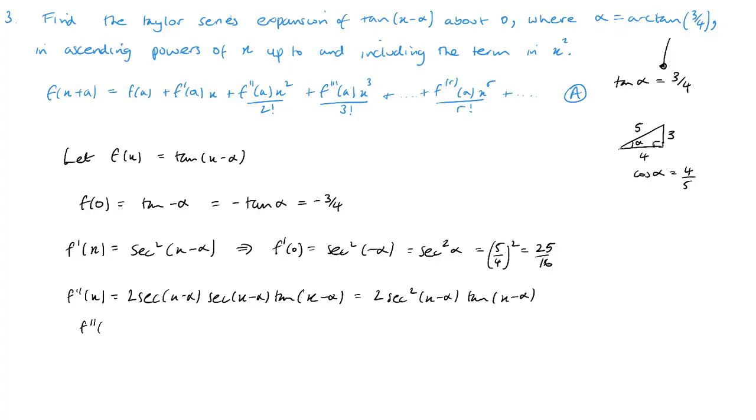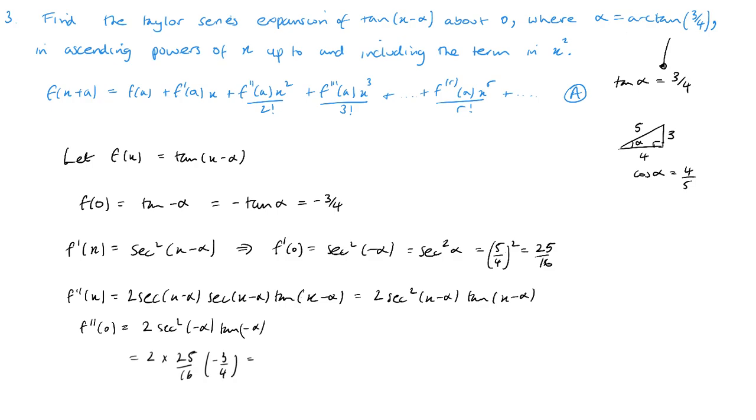So now we substitute 0 in, and we get 2 sec squared minus alpha tan minus alpha. So I've already worked out what sec squared minus alpha is. So that's 2 times 25 over 16. And I've already worked out tan of minus alpha is, that's minus 3/4.